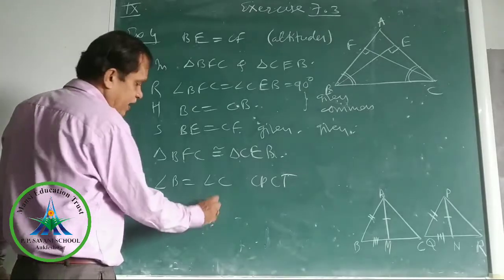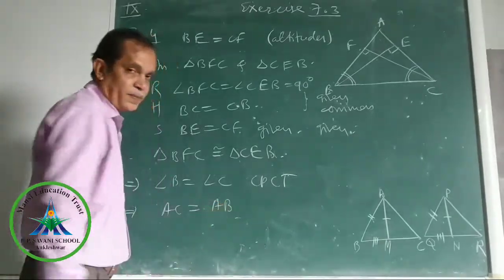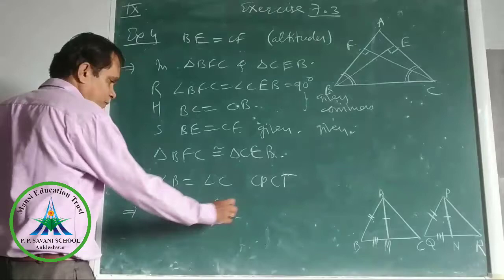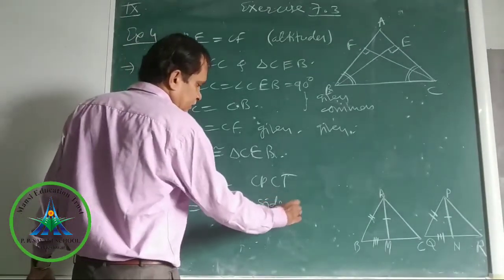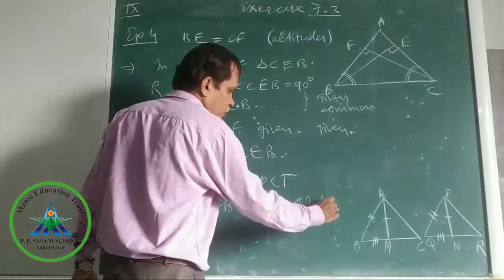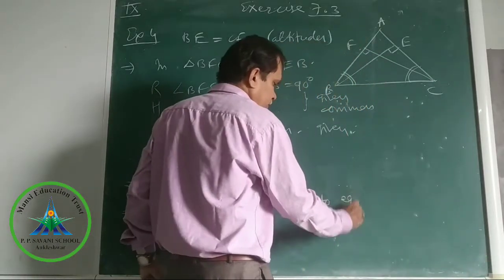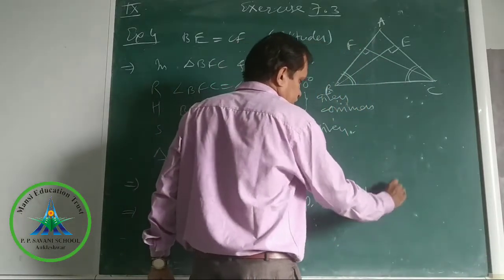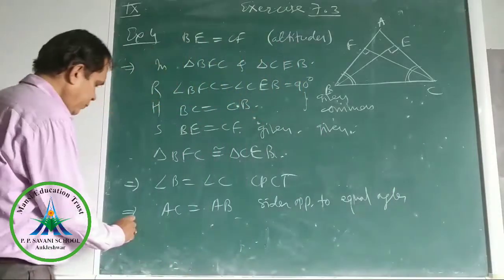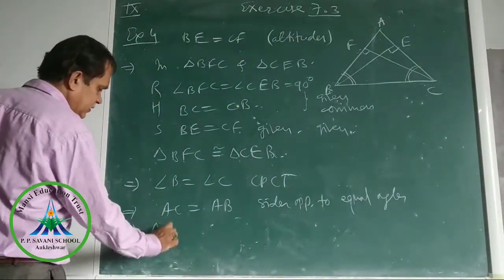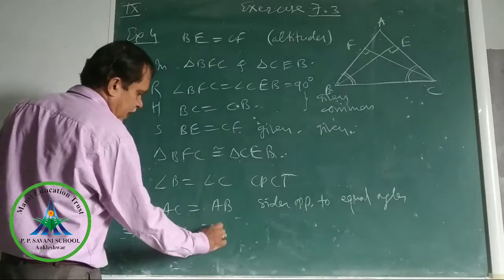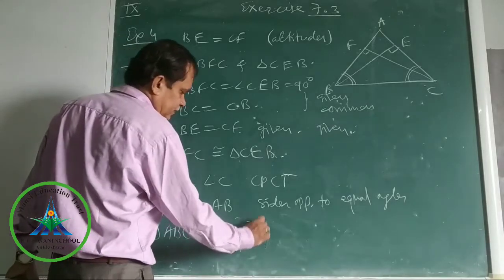Opposite to angle C, AB. AB equal to AC. Sides opposite to equal angles. Therefore, triangle ABC is an isosceles triangle.